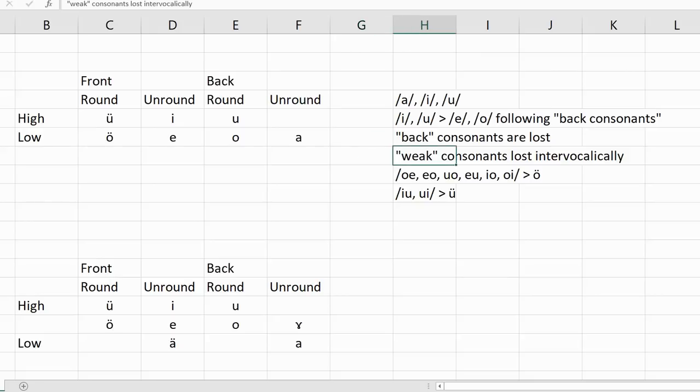And then we lose our weak consonants to bring those vowels into hiatus, and then they become our front-rounded vowels. So with just these changes, we've gone from a 3-vowel system to a 7-vowel system. And it should also be noticed that we're missing that vowel, just like in our little sketch. So, do I want to keep it like that?